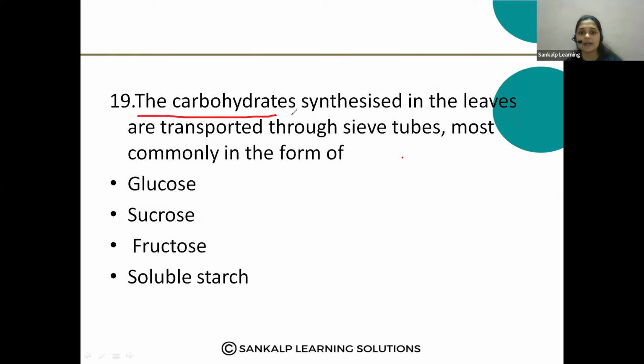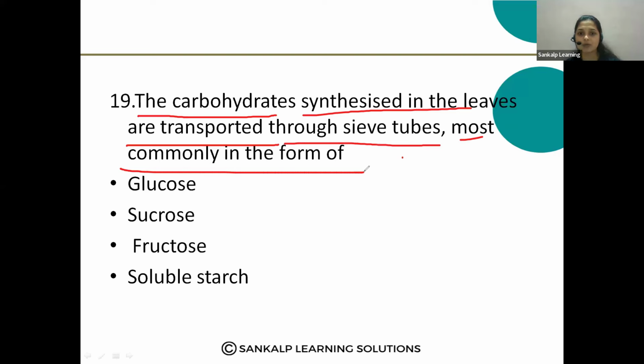The carbohydrates synthesized in the leaves are transported through the sieve tubes, most commonly in the form of what? You have studied about the transportation of food in plants, that is through the phloem, right? In the phloem there is a method of transporting the food materials to the different parts of the plant body.